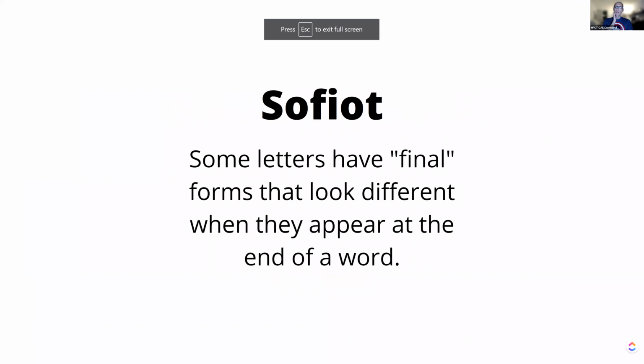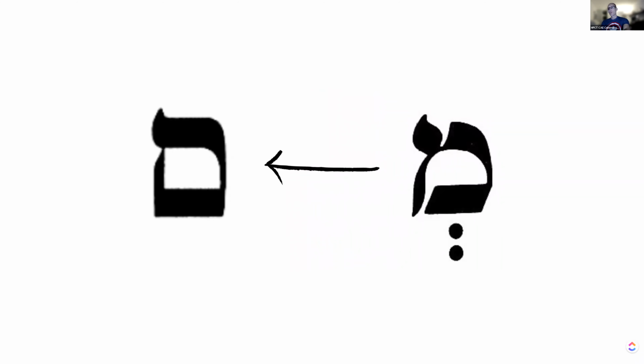Okay, we looked at sofit, the letters, certain letters that have final forms that look different when they appear at the end of a word, right? So the mem becomes kind of like a square little thing. It's kind of squared off at the bottom, but it still sounds the same.